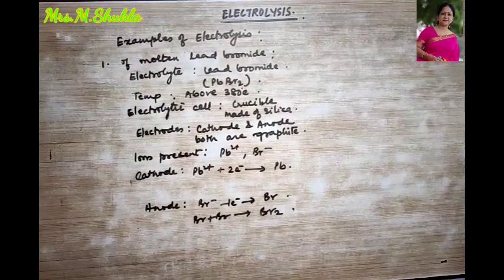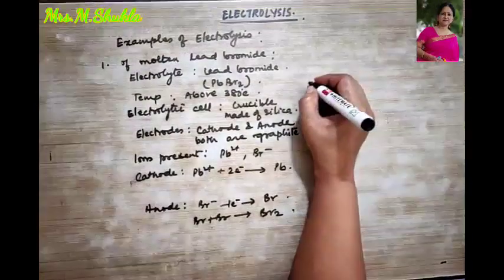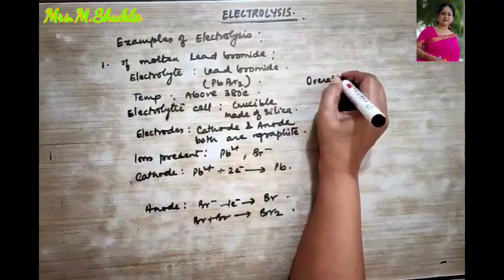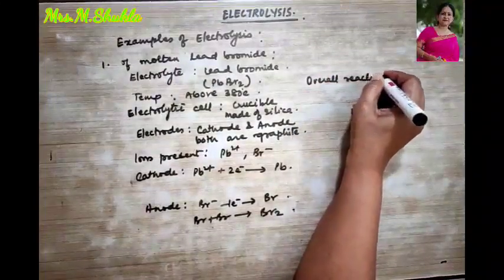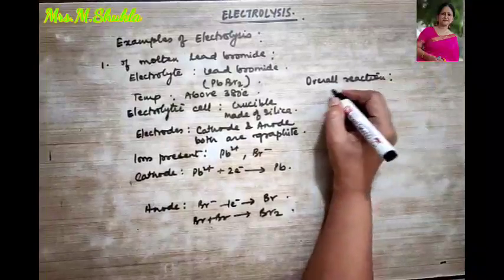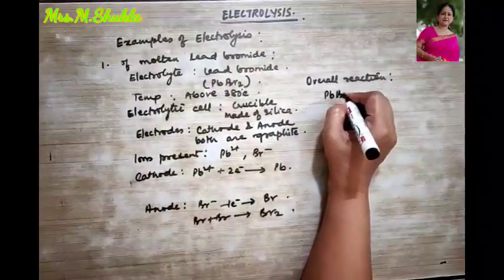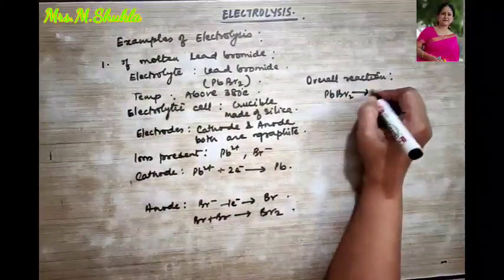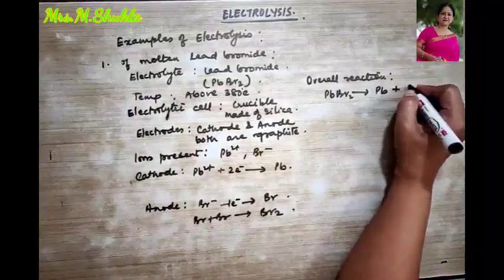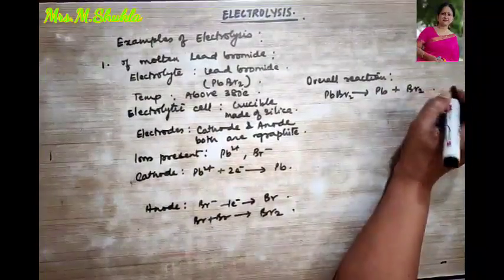So what do we see in the overall reaction? The overall reaction that you need to write will be PbBr2 on heating gives Pb plus bromine gas.